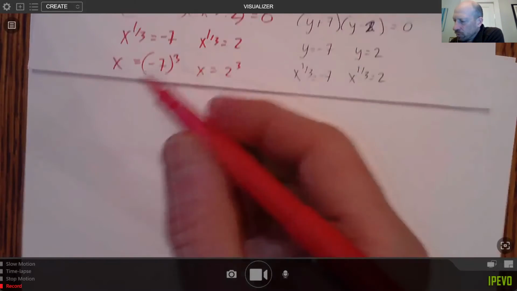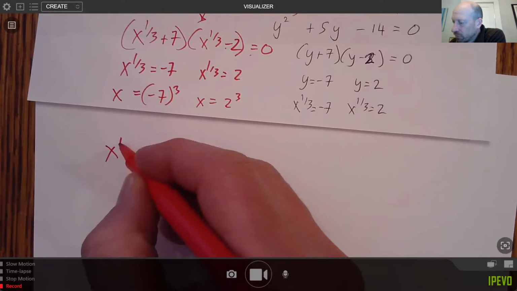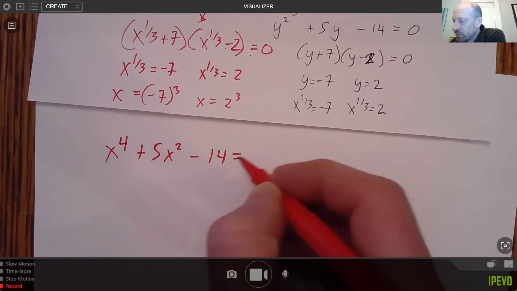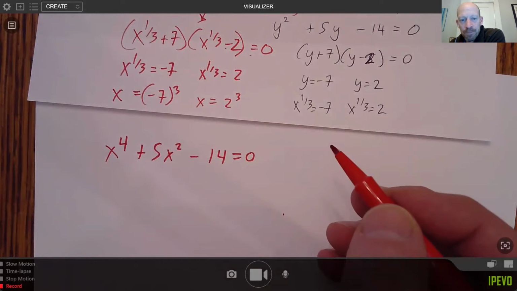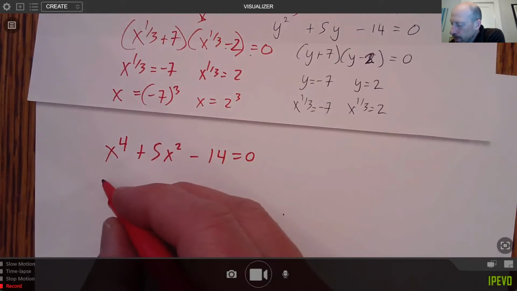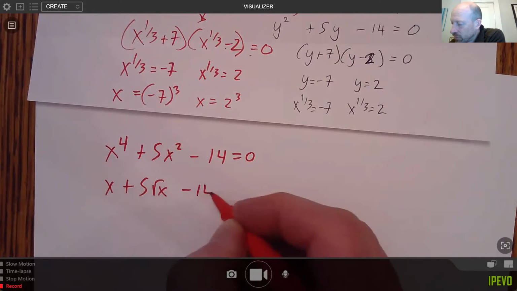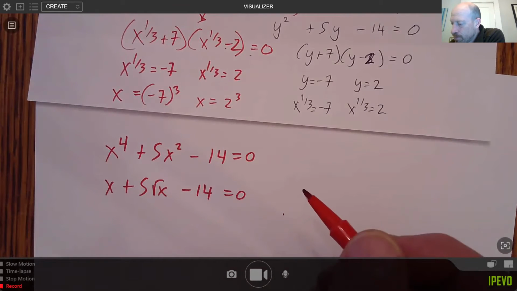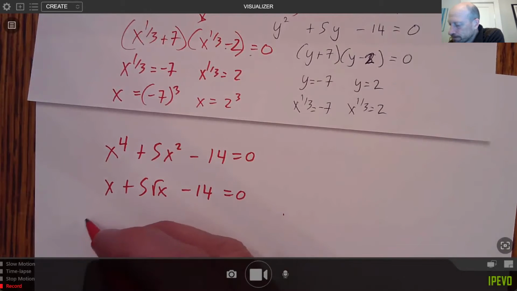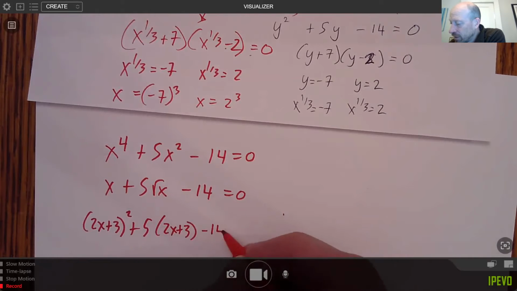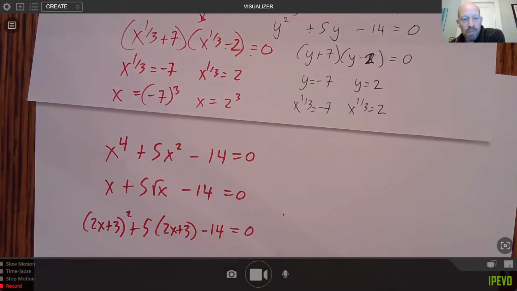For example, we could also have x to the 4th plus 5x squared minus 14 equals 0. Or x plus 5 square roots of x minus 14 equals 0. Or 2x plus 3 squared plus 5, 2x plus 3 minus 14 equals 0.